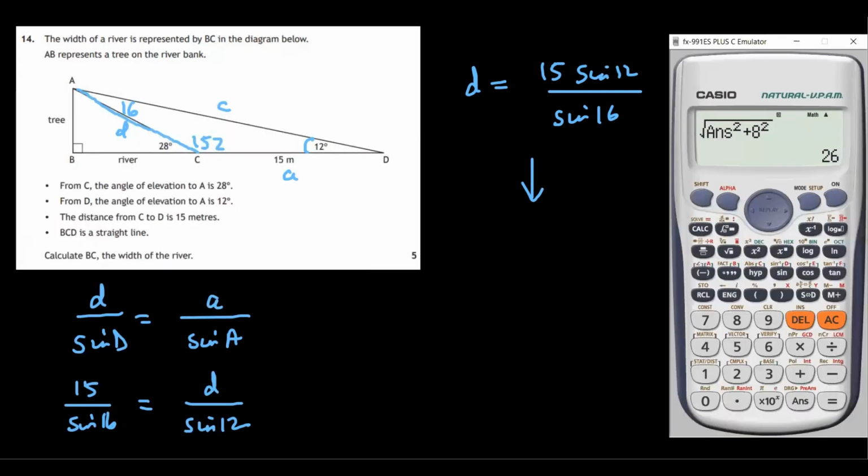Okay, so let's see what that gives on the calculator. So 15 sine 12 over sine 16. 11.314.